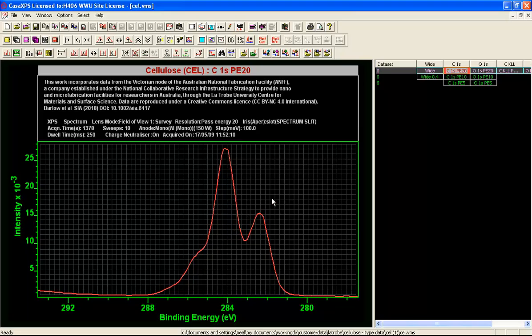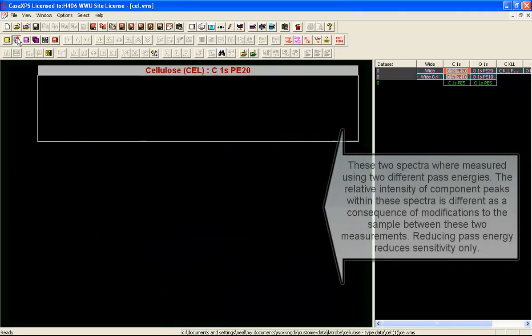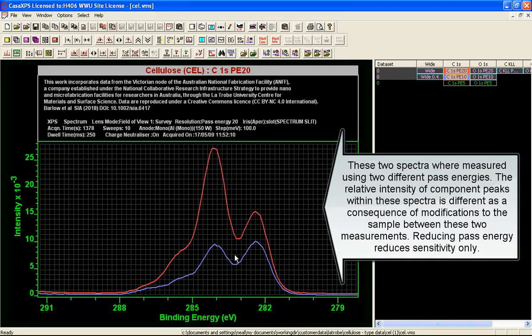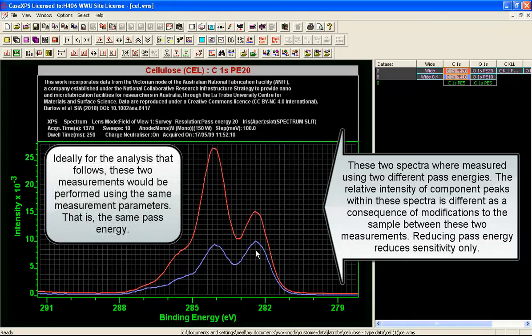And the way we'll do this is to consider these two carbon 1s spectra that were measured at different pass energies. Hence you find the intensity changes as a consequence of the different pass energies, but the resolution has not altered significantly. The underlying carbon 1s peaks are determining the resolution for these peaks more than the instrumental response or the change in the resolution as a consequence of going from pass energy 20 to pass energy 10.